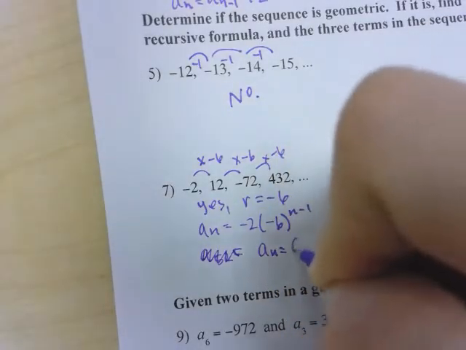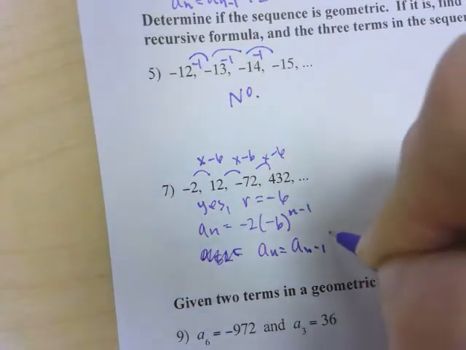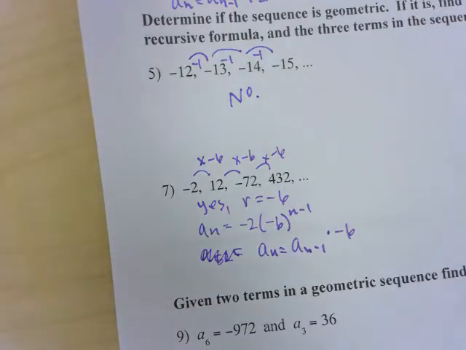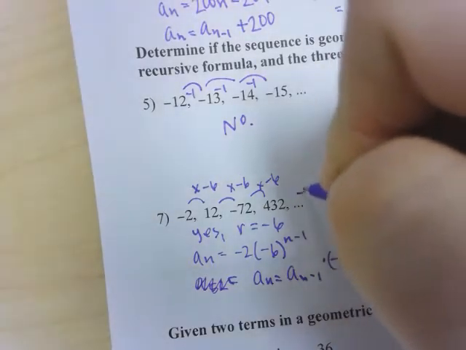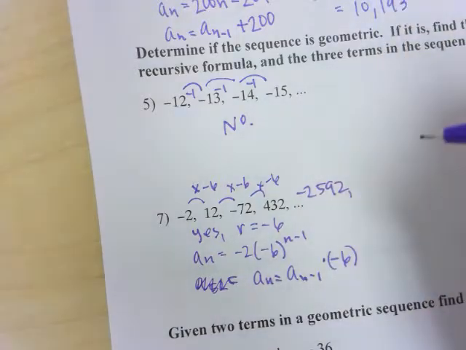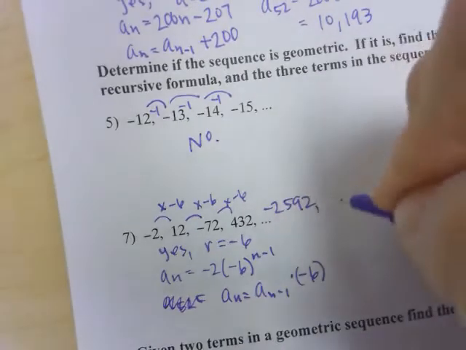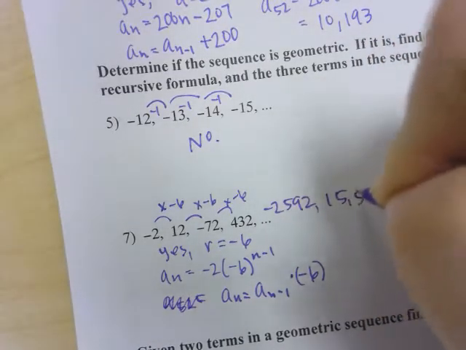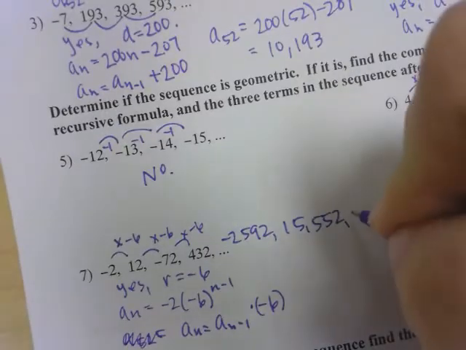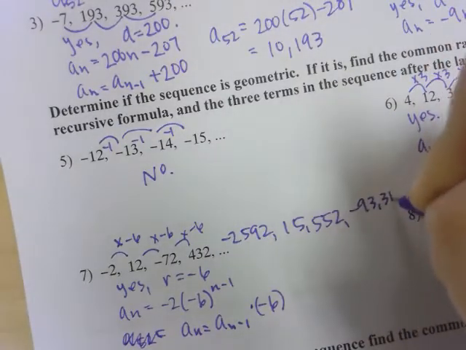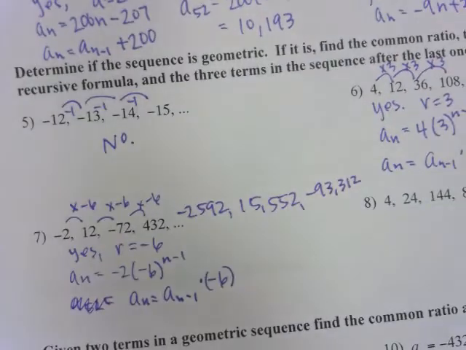The recursive, a sub n equals a sub n minus 1 times negative 6. And the next three terms: negative 2592, 15,552, negative 93,312.